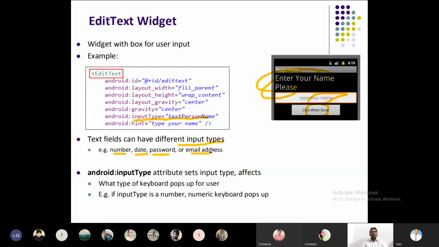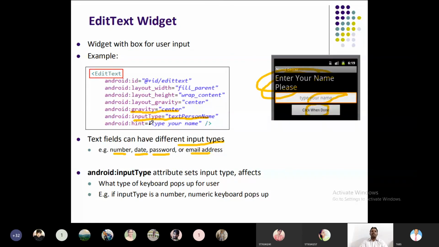And there is gravity in the attributes. We will discuss that gravity later; it will be there for every view as an attribute. Hint is when you place the cursor upon the view, it shows one small text there, like a hint. For example, when the user places the cursor there, it says please enter your name here.